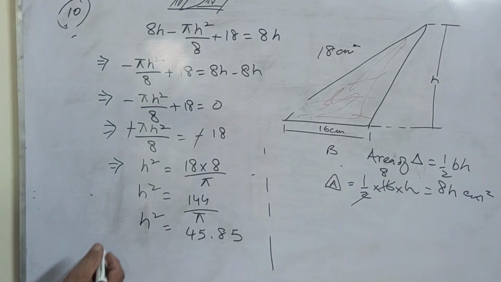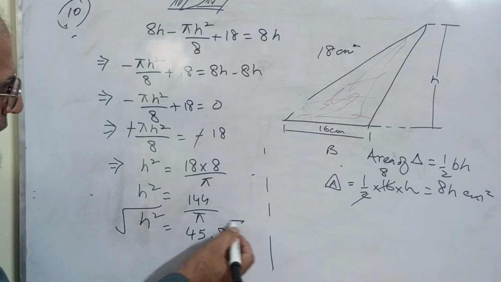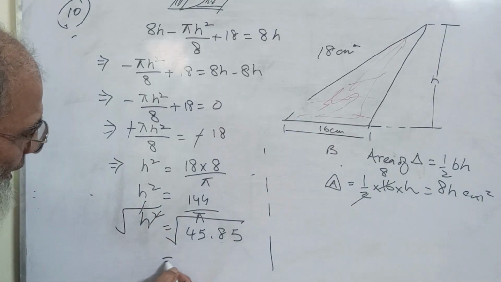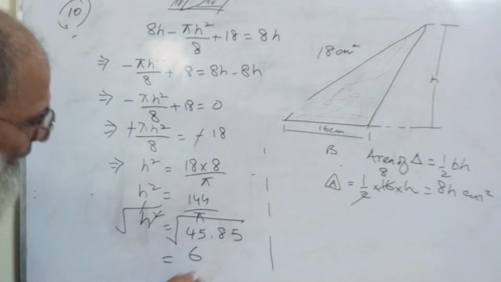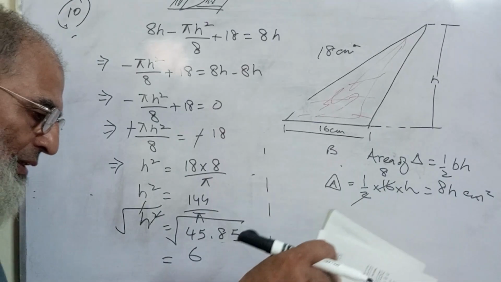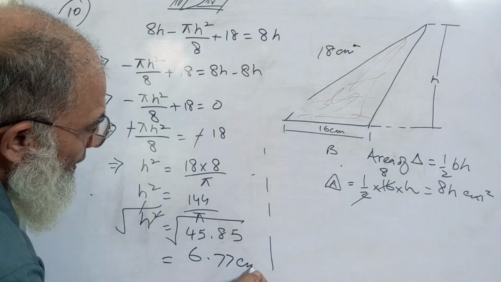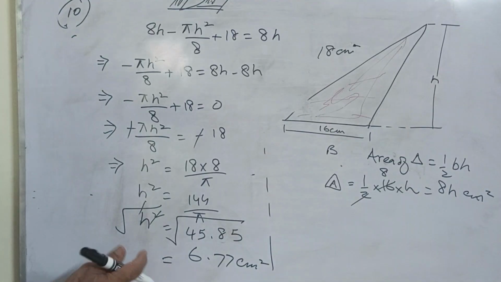It is h square. So what we do? Put an under root of that. So this will become 6 point something, 6.77 centimeter. So this is the value of h which was asked.